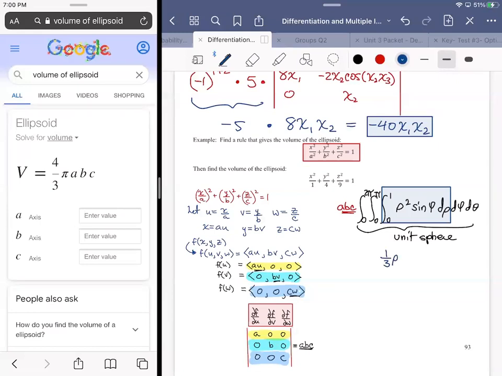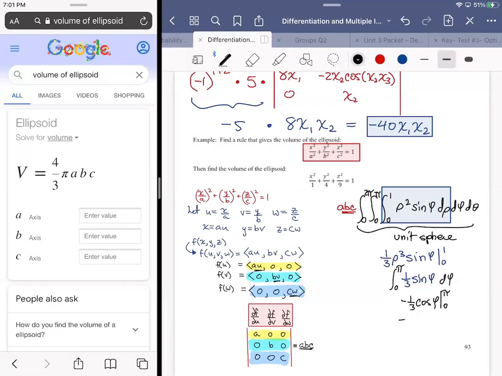So 1/3 rho cubed sine of phi over the interval of 0 to 1. You pop in a 1 for rho, and we're looking at 1/3 sine of phi, integrated over the interval of 0 to pi. The antiderivative of sine is negative cosine, so negative 1/3 cosine of phi from 0 to pi.